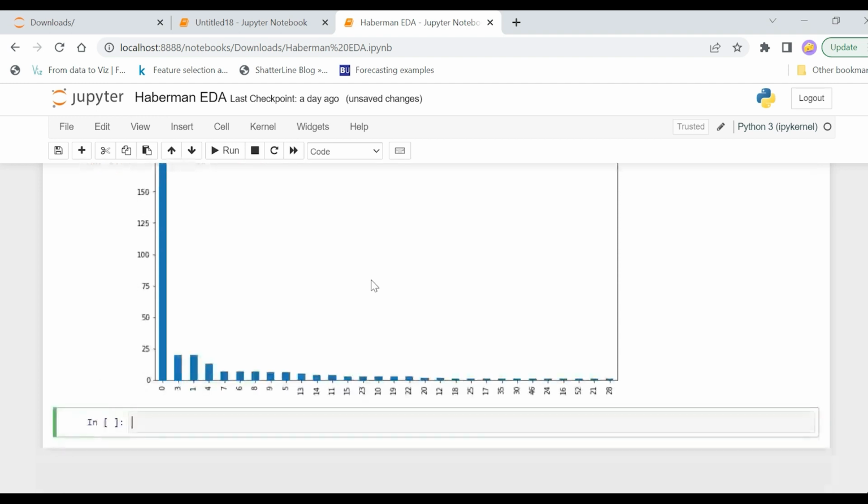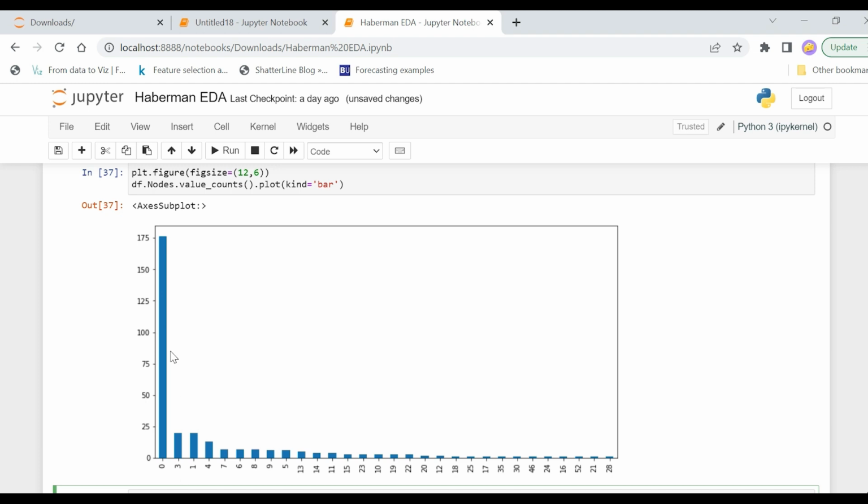So once I see here, you can see the maximum people were having 0 lymph nodes, then 3, then 1, then 4, then 7, and it has a very decreasing kind of trend. Only a few nodes were important, till maybe 10 or 13.